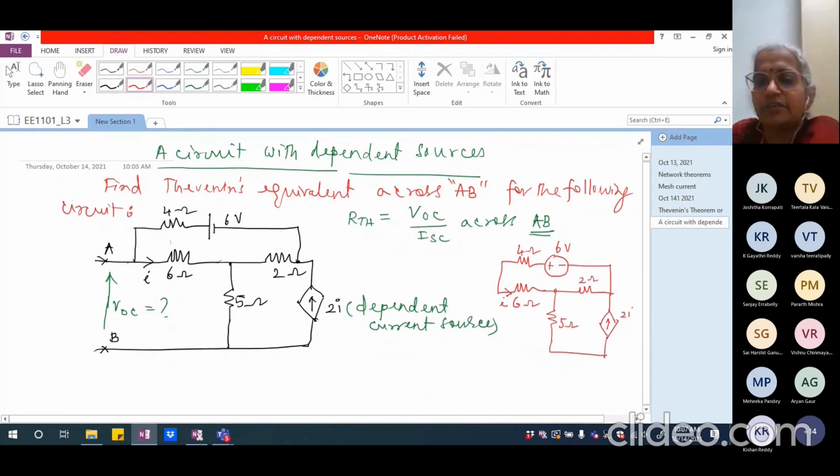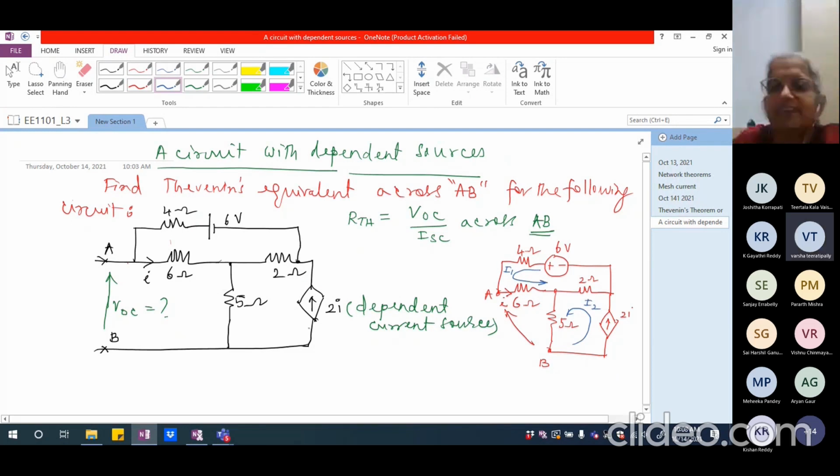And I'm going to have this as the complete circuit. Now this point is B and this point is A. So I want to know the voltage across this terminal. So I can assume this as, let us say, I1 and this probably as I2. So I1 and I2 are opposing each other as far as the 2 ohm resistance is concerned.